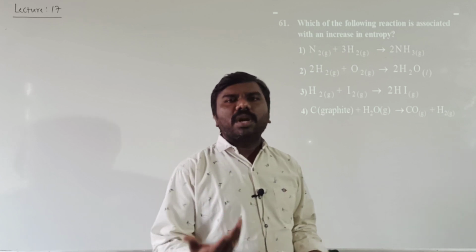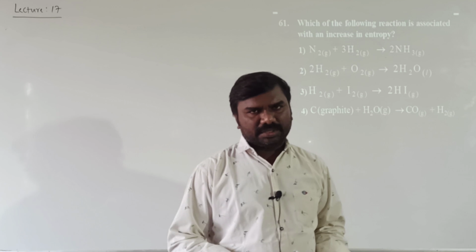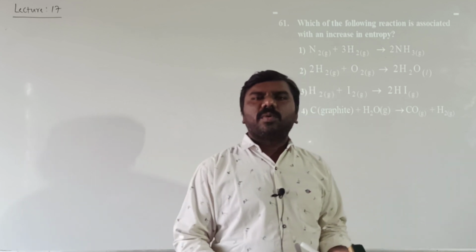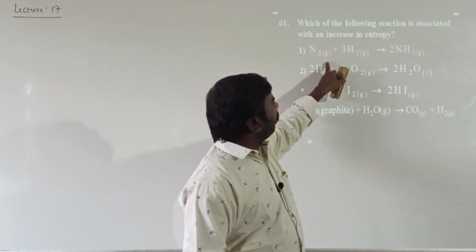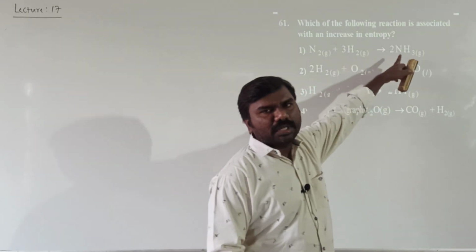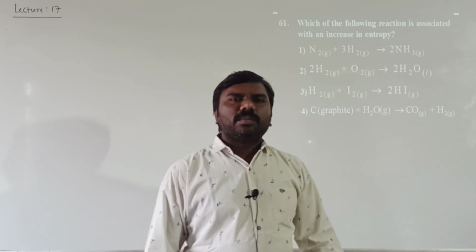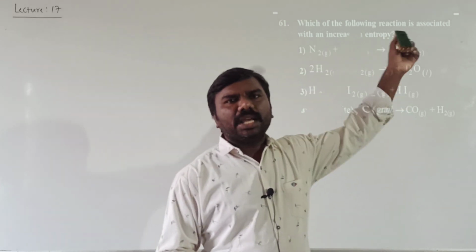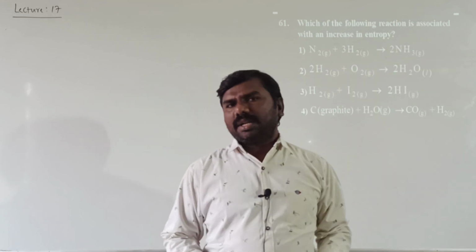Gases have more disorder than solids and liquids, because gases can move randomly in all directions, that's why more disorder. So 4 gaseous molecules are converted into 2 gaseous molecules. More the gaseous molecules, more is the randomness. Less the gaseous molecules, less is the randomness.